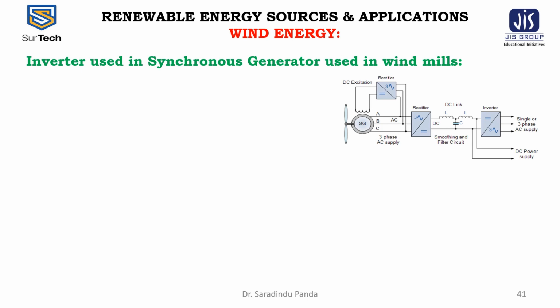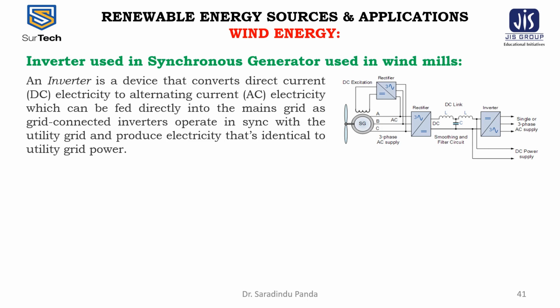But by rectifying their variable output voltage and frequency into a steady DC supply, we can now convert this DC voltage into an AC supply of the correct frequency and amplitude, matching that of the mains utility grid by using either a single phase or a 3-phase inverter.